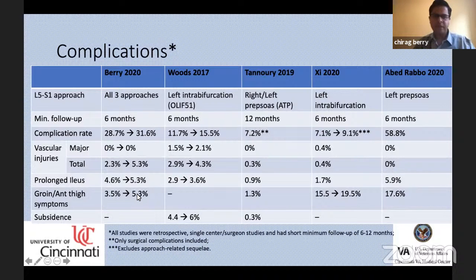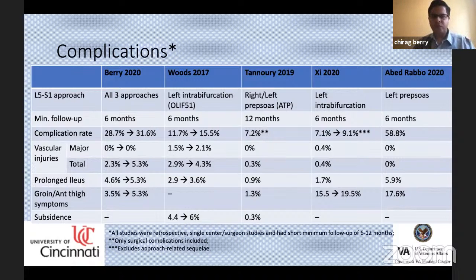So it jumped from 3.5 to 5% in our series, and in the series by Shi, it jumped from 15 to almost 20% when L5S1 was included. Lastly, subsidence, as we talked about, the blind preparation of the L5 inferior endplate. I think that may have a contribution, as was reported, a jump from 4.4 to 6% when L5S1 is included. So these are the complications.